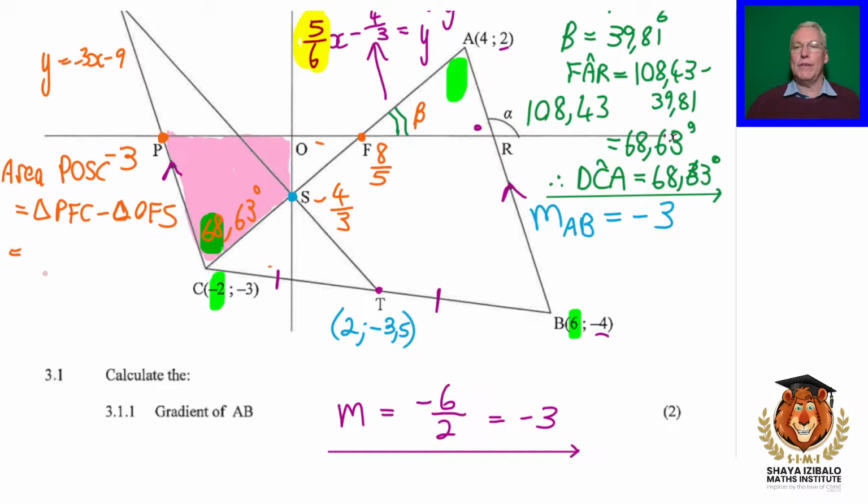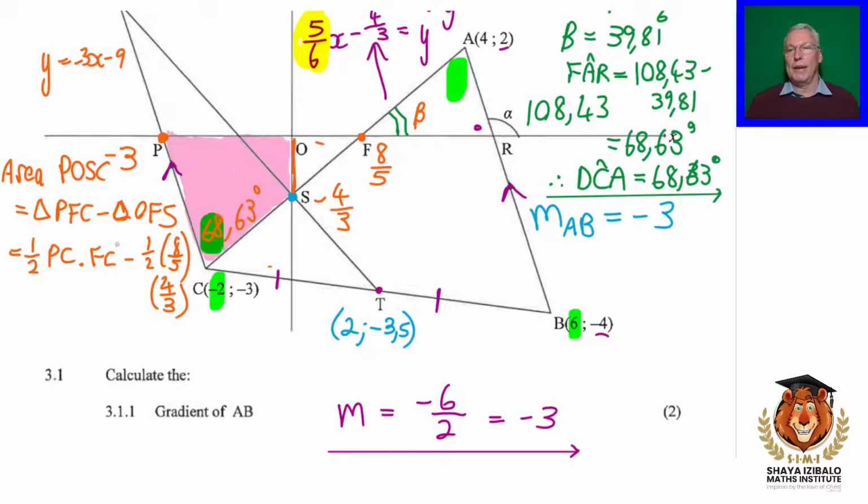For PFC, we can use our area rule, because it's going to be half PC times the length of FC, minus the area of triangle OFS. OFS is a right angle triangle, so we can use half base times height. So this is just going to be half times 8/5 and 4/3, because that length there is going to be 4/3.